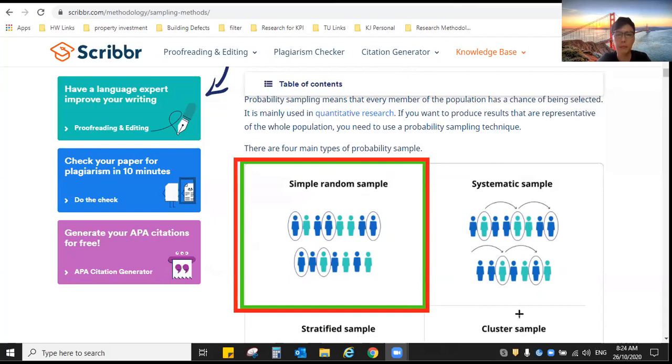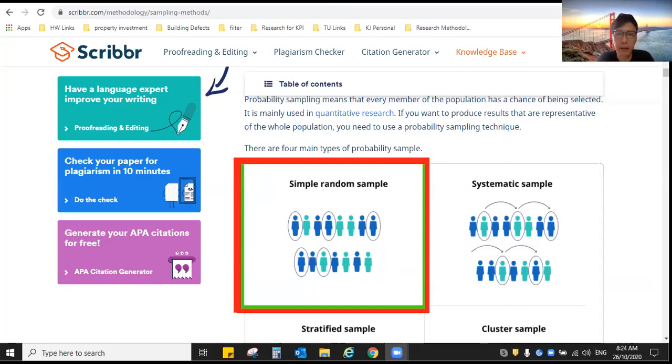So this is called simple random. I put all your names in a box, I shuffle and I choose. This is called simple random. Everyone clear with this? I just randomly choose like a lucky draw.